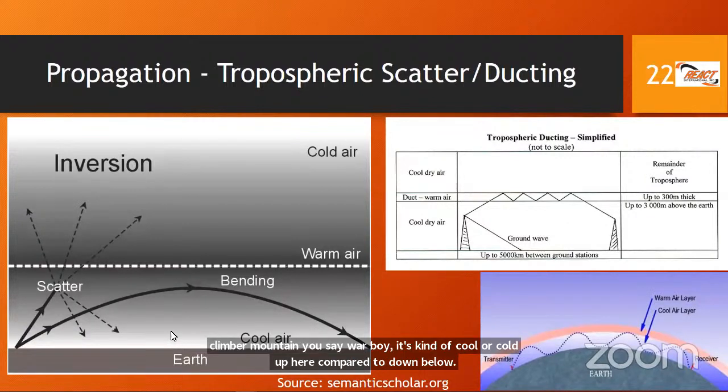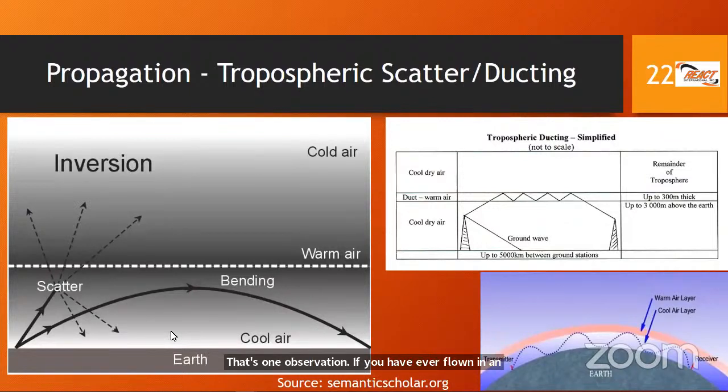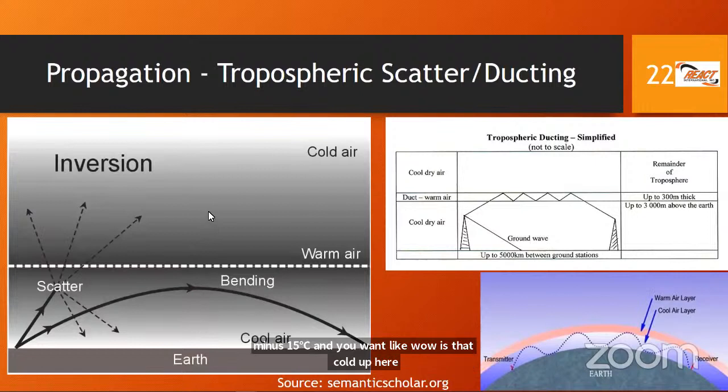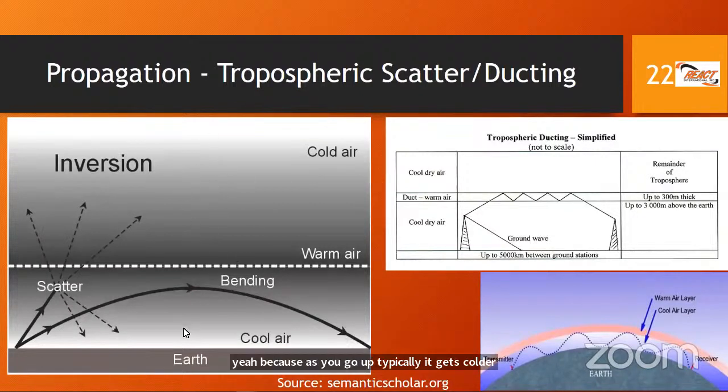If you have ever flown in an airplane, and all of these planes now have a screen that you could track where you are, and it will also tell you the outside temperature, and then sometimes you see something like minus 15 degrees Celsius, and you are like, wow, is that cold up here? Yeah, because as you go up, typically it gets colder. Not always, there are some exceptions, but generally as you go up, you get colder.